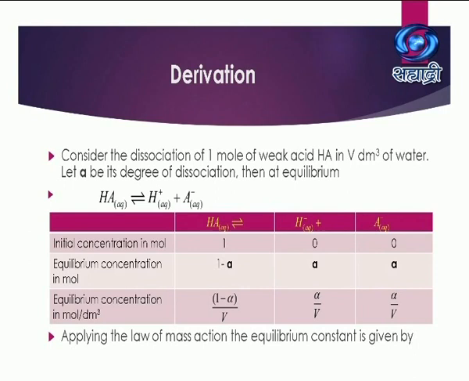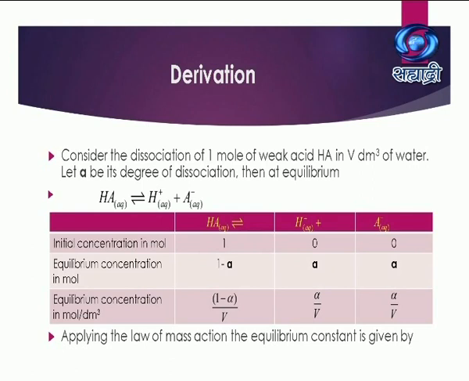So let us consider the derivation. Consider 1 mole of weak acid HA dissolved in V dm cube of water, and alpha is the degree of dissociation. Then at equilibrium, we can write the equation as HA aqueous reversibly gives H plus aqueous plus A minus aqueous.